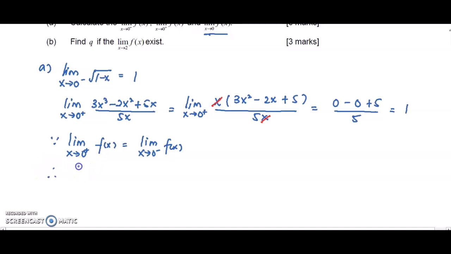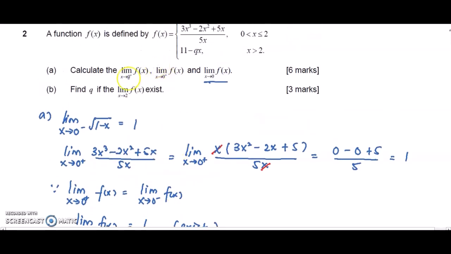Then my conclusion is that the limit of f(x) when x approaches 0 equals 1. And we can say that it exists because you get a defined value for both the right-hand and left-hand limits. They are the same, so we can say that the limit when x approaches 0 equals 1.